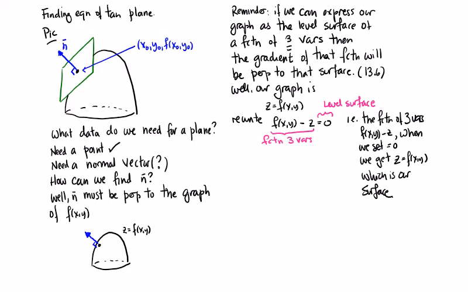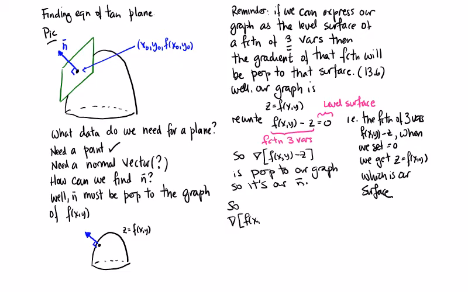So what that means is I can take the gradient of that function of 3 variables, and that gradient is perpendicular to our graph, our surface, so it's our normal vector. So let's find that gradient.